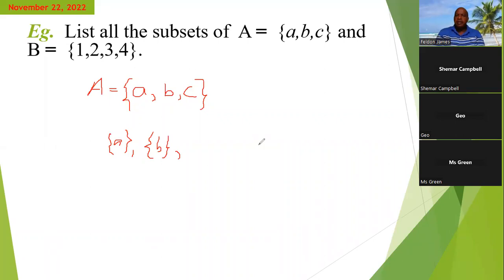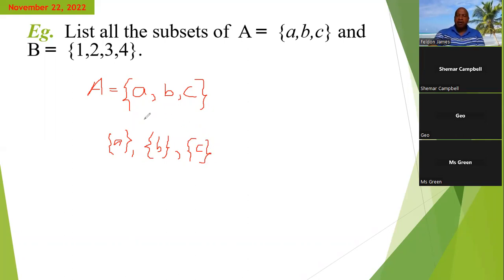The set of, right? So when you read it this way, we are saying the set of member A, the set of member B, and we are saying all of these are subsets because these are sets that we are forming from this bigger set. So {A} by itself is a subset, {B} by itself is a subset, and {C} by itself is a subset.